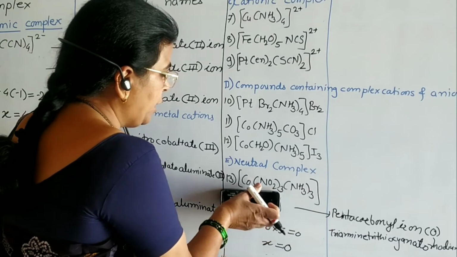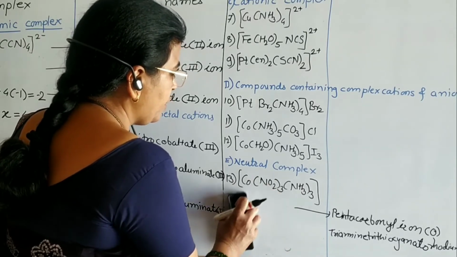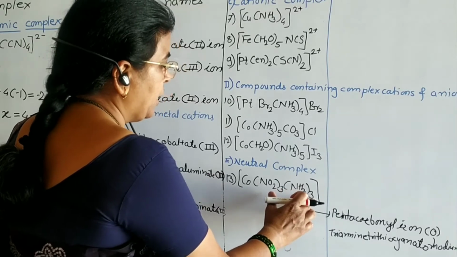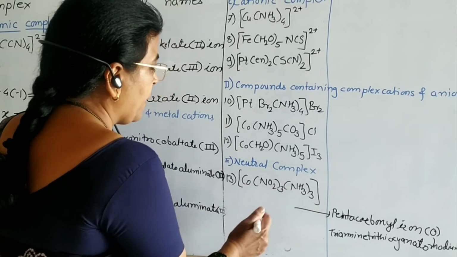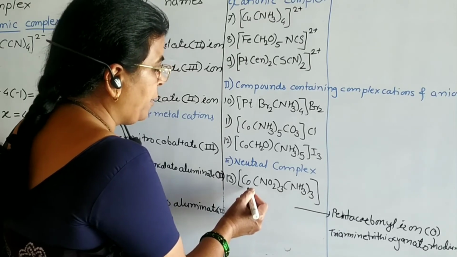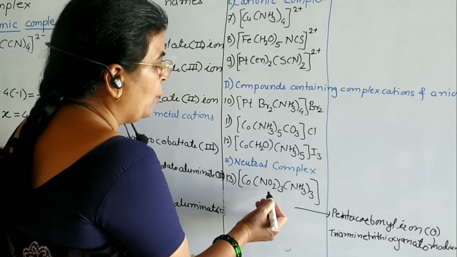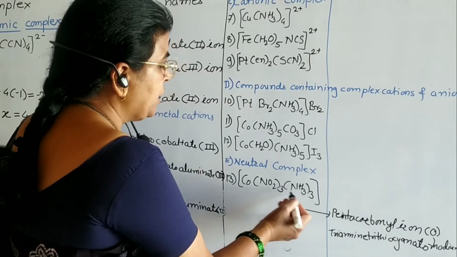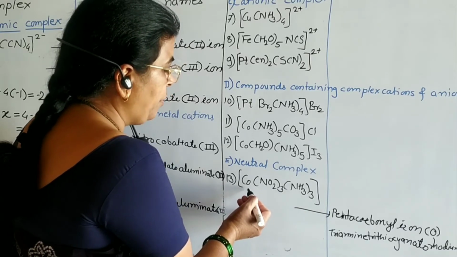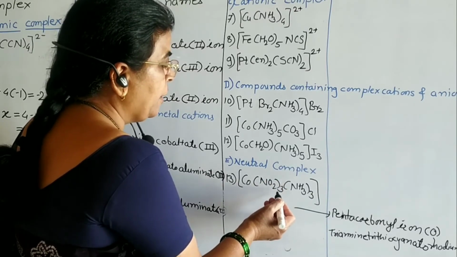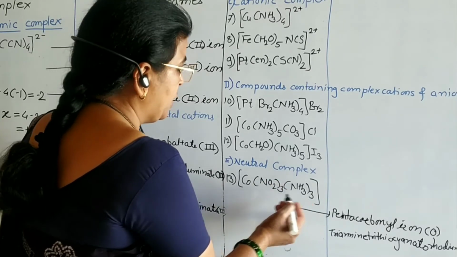Now we are going to see the 13th one, Co(NO2)3(NH3)3. Here this is also an example of a heteroleptic complex, that is, this central metal ion is bonded to 3 NO2 groups and 3 NH3 groups. That is, the coordination number of this central metal ion is satisfied by 3 NO2 groups and 3 NH3 groups.